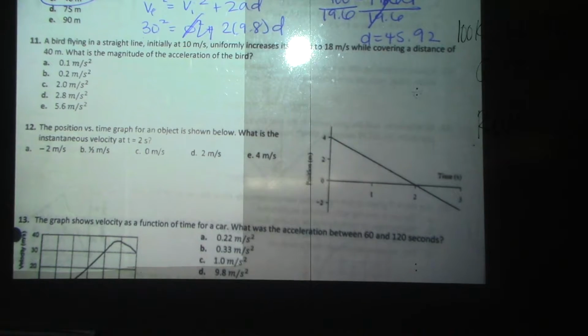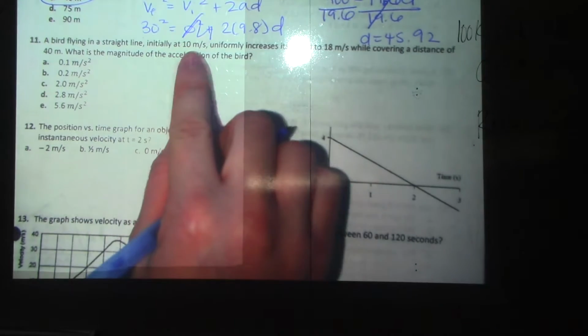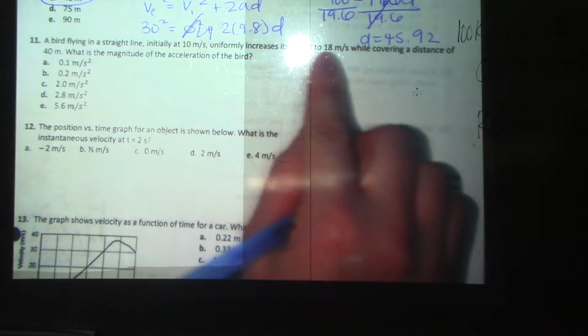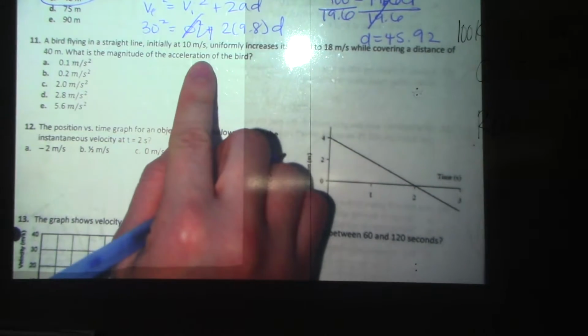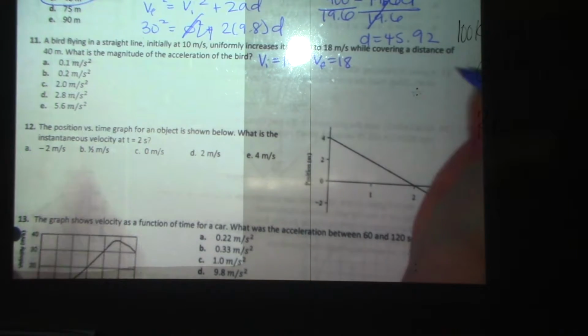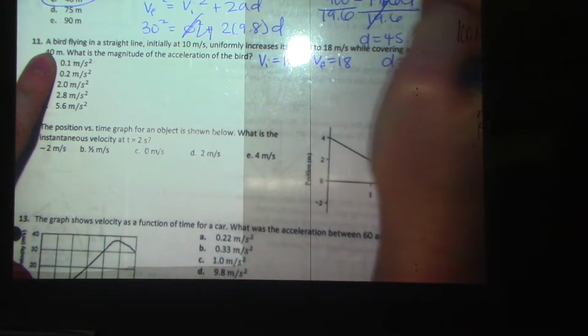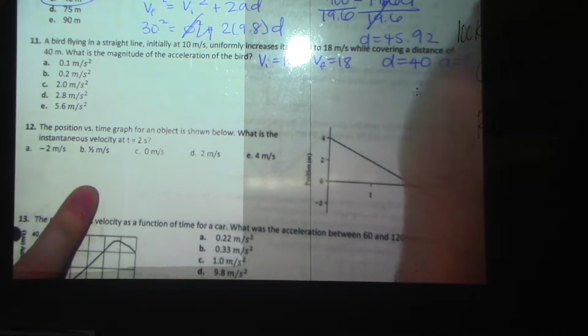A bird is flying in a straight line. Initially at 10 meters per second, it increases its speed to 18 while covering a distance of 40. What is the magnitude of the acceleration? So let's look at this: initial speed or initial velocity is 10, and the velocity after is my final velocity. I cover a distance of 40 meters and I'm looking for acceleration.